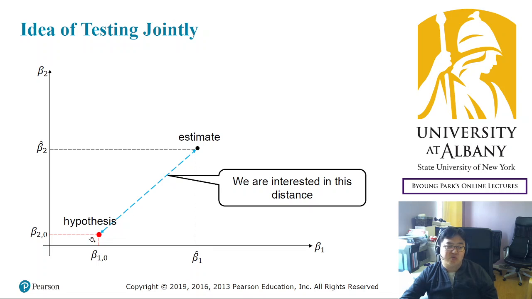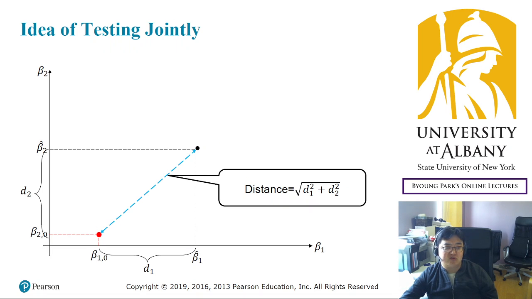So then we are interested in the distance. We have to measure this distance on this two-dimensional plane, which is not a big problem. You know how to do this. By the Pythagoras theorem, you know the distance can be written in this way. So d1 is the distance in the first parameter, and d2 is the distance in the second parameter.